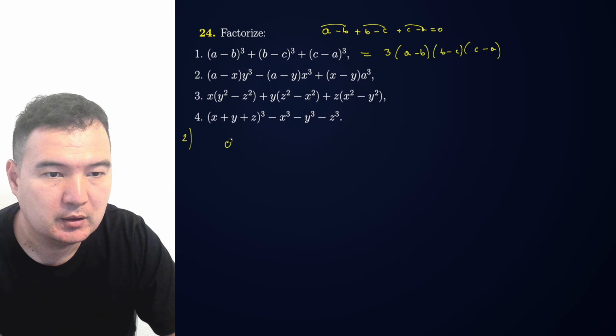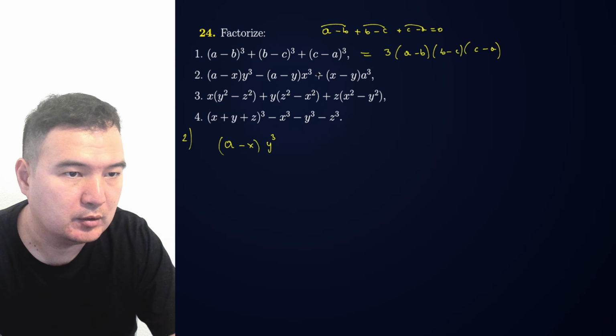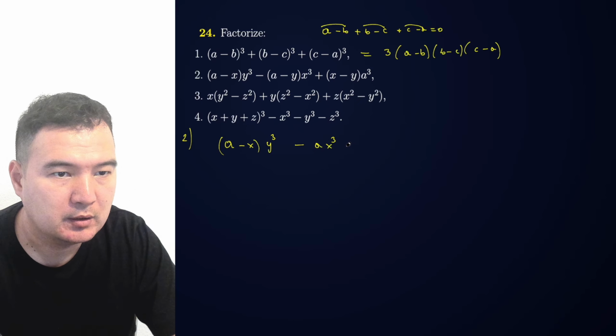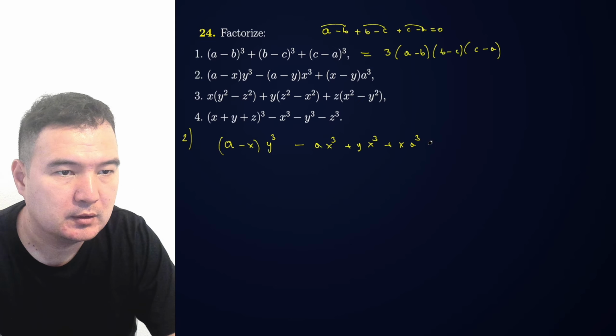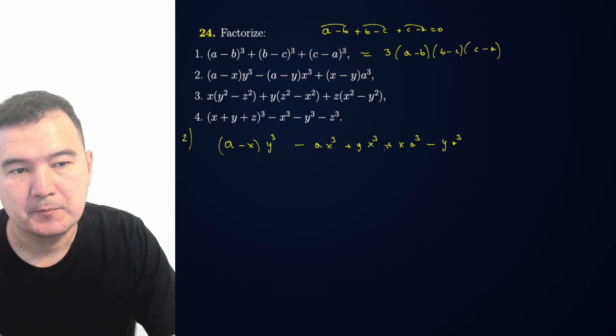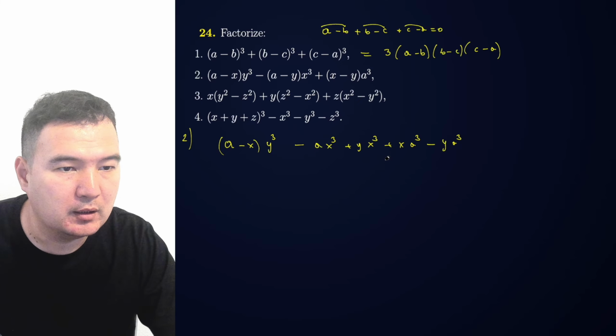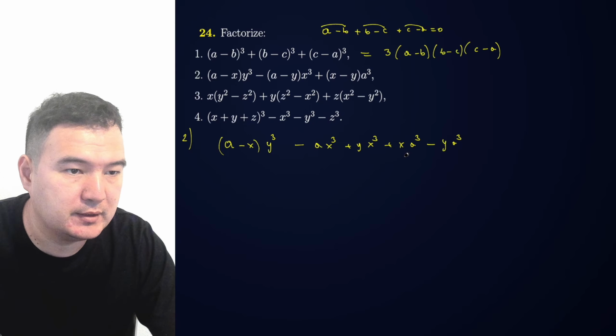So let me write it like this: y cube, and then open the parentheses here, minus a x cube plus y x cube plus x a cube minus y a cube. I want to take out a minus x, so I need to regroup everything in order to get a minus x.